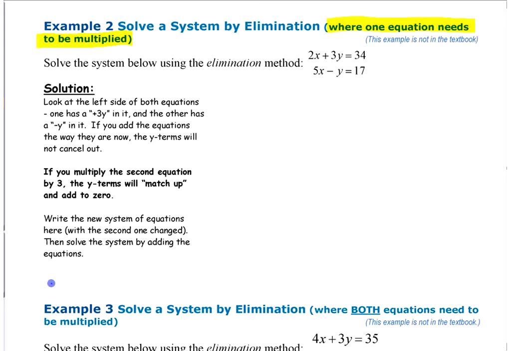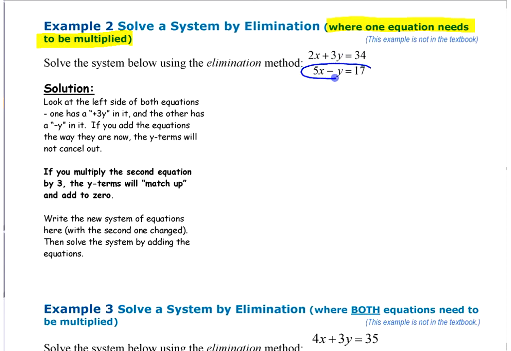Which one would you suggest is one that you could multiply and get something useful out of? You got to decide, are you going to try and eliminate the y's, or the x's? I would probably eliminate the y's here because they're already opposite in sign. You have 3y's, so you need the second thing to be -3y's here.